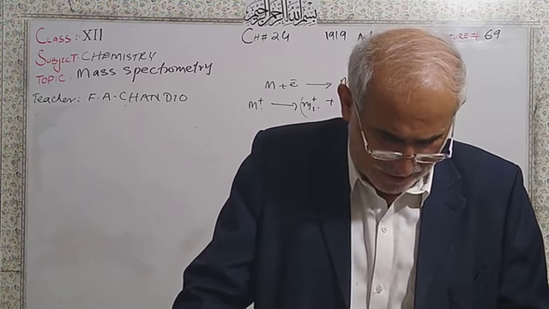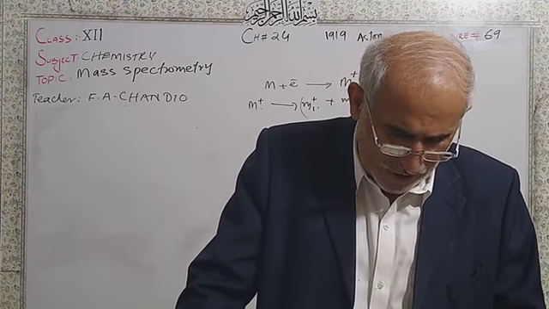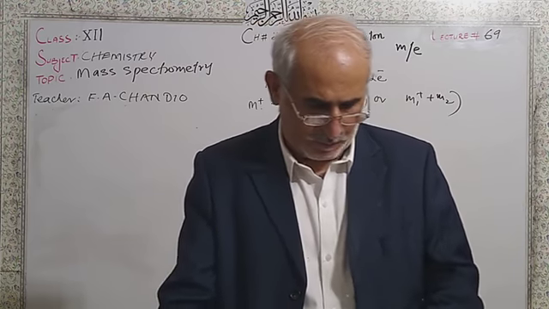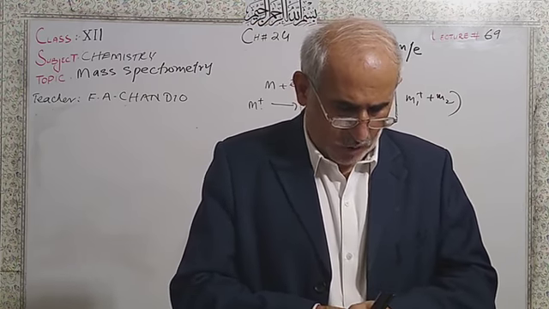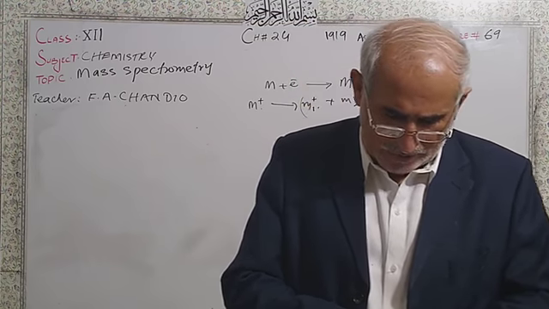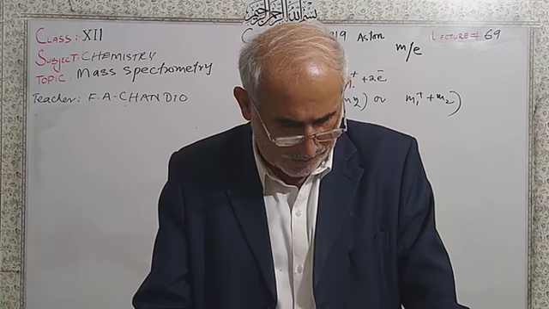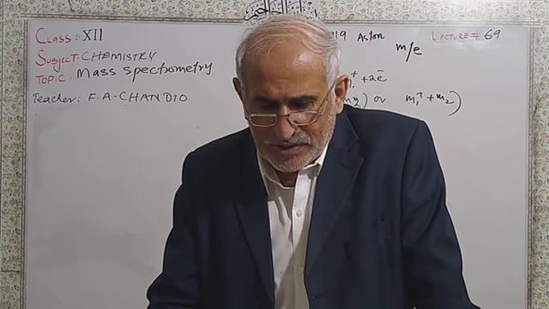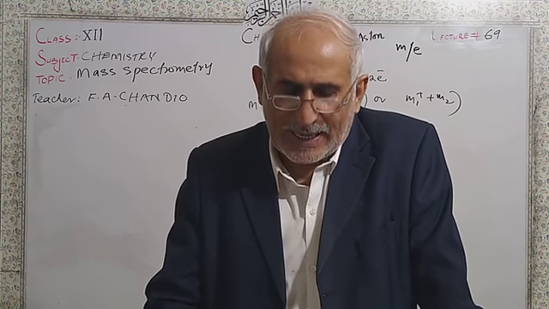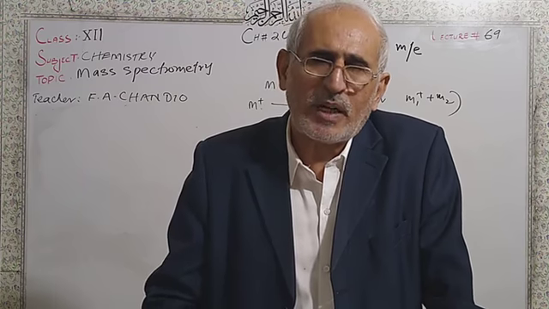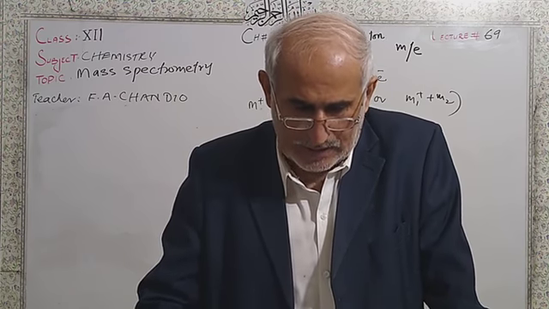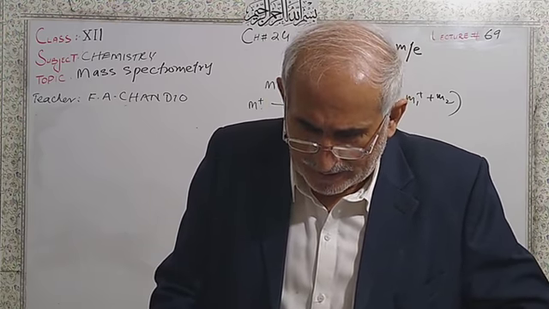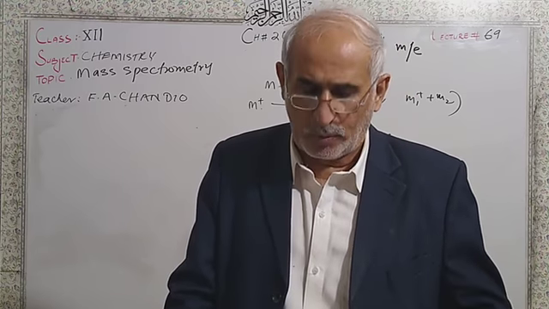Positively charged ion species. Which species are produced in the ionization chamber of the mass spectrometer? Positively charged species, option A. Which kind of information about the positively charged species is obtained from the mass spectrometer? Relative abundance. What kind of sample can be studied in the mass spectrometer? A gas. A solid must be converted into gas, then it can be ionized. The near ultraviolet region of the electromagnetic spectrum generally lies between 10 to 200 nanometers.